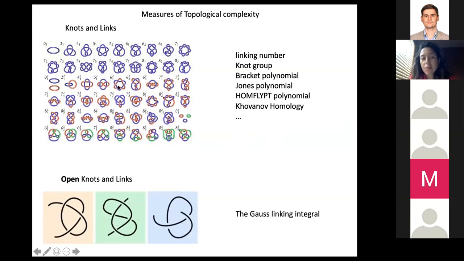Now, as I mentioned earlier, entanglement in nature isn't necessarily entanglement of ring polymers, entanglement of closed curves. So even if we remove all the physical characteristics of these polymer chains, I will focus on the example of polymers, and we see them as mathematical curves in space, we still cannot apply measures of topological complexity from traditional knot theory because we deal with open curves.